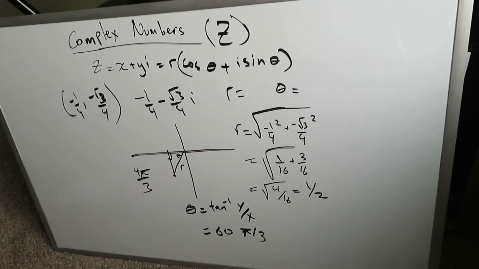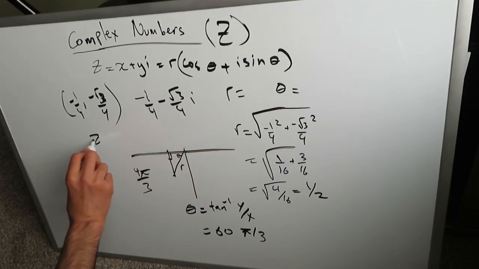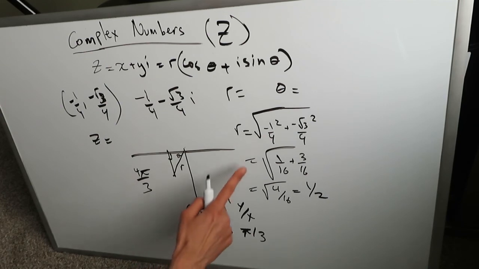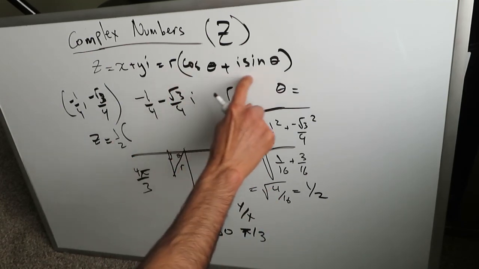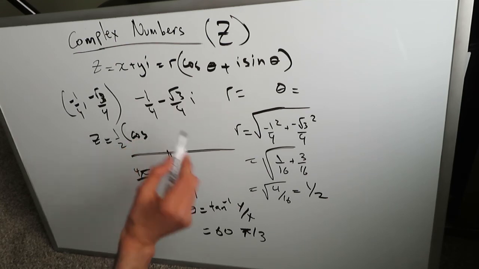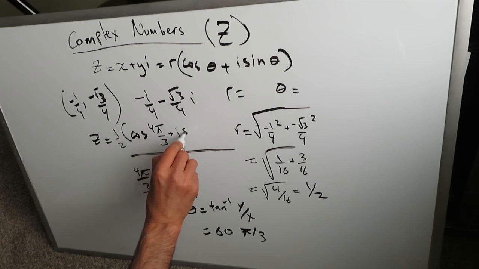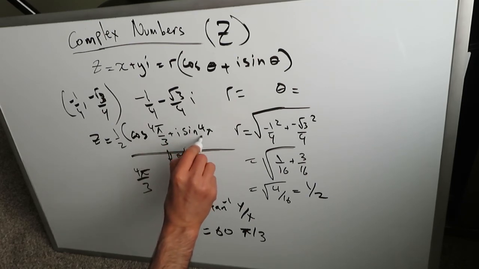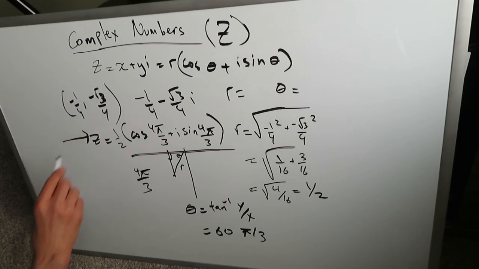Our polar form will be z is equal to our modulus 1 over 2, parentheses, cosine 4 pi over 3 plus i sine 4 pi over 3. And we're done. Here's my answer.